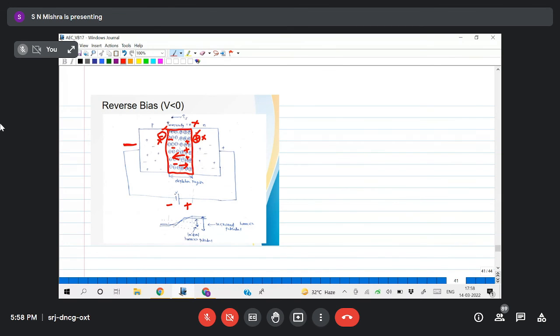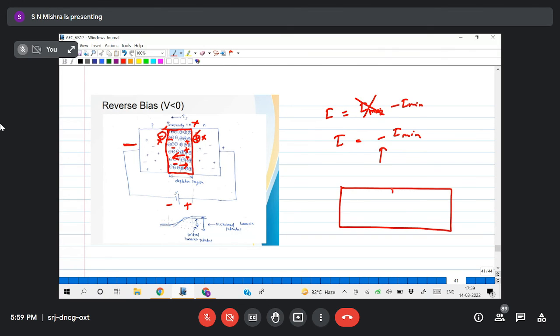Now what is the total current? I majority minus I minority, as you have seen, because this direction is from P to N. Here majority current is 0, so I equals I minority. This negative symbol is due to the P side, and this current is flowing in this direction.